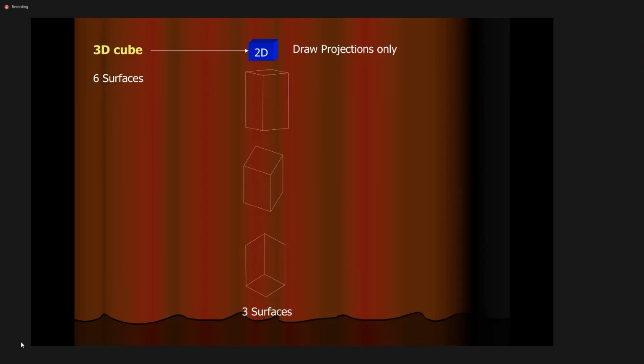But when you look at this three-dimensional representation, actually that three-dimensional representation is happening or available on a two-dimensional screen. That is available in a 2D screen.